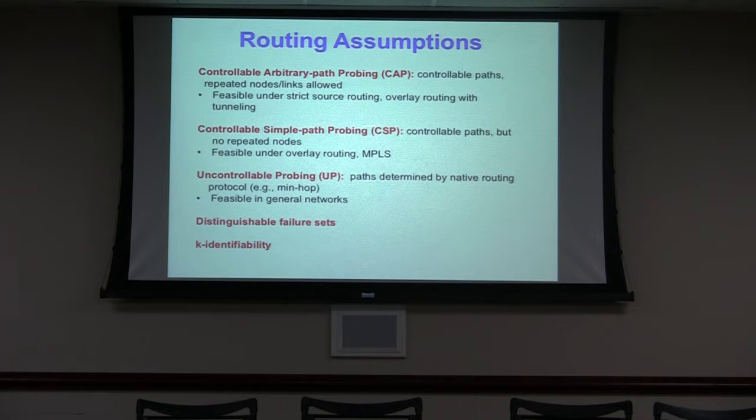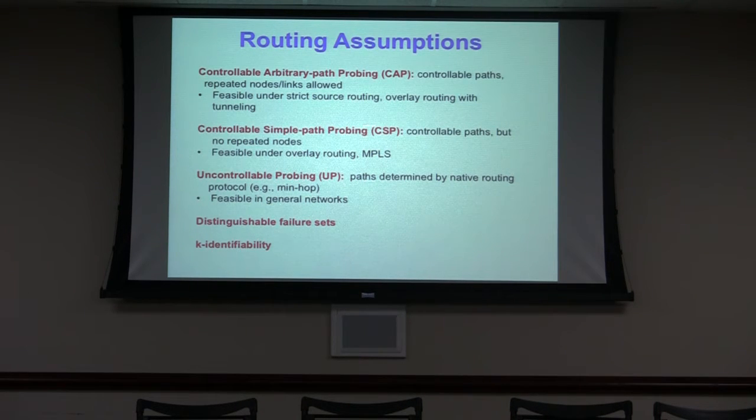The first one is simplest. This one, CAP, allows you to have cycles. So do whatever you want, right? So long as you don't go over non-existent edges, you can route whichever way you want. The second one is CSP, where we say only simple paths are allowed, no loops. You cannot go to the same vertex twice, or of course the same edge twice.